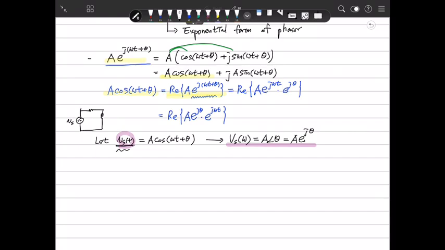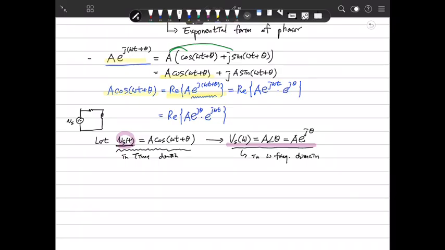This is the time domain, a variable of time. But in this variable, there is no time. This is in the omega frequency domain.